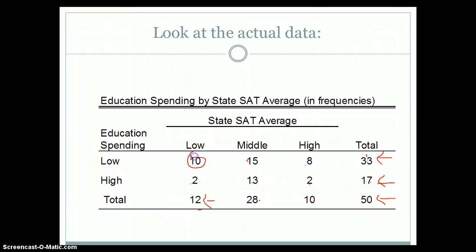So for this one right here, 33 divided by 50 and then multiplied by 12 gives us the expected no relationship frequency for that cell.